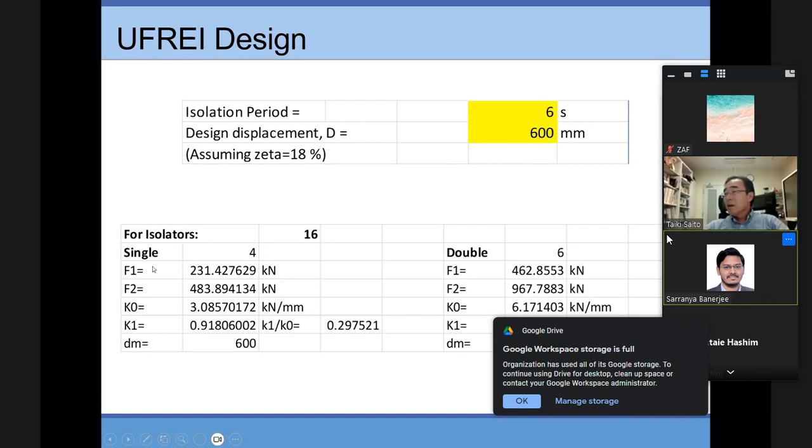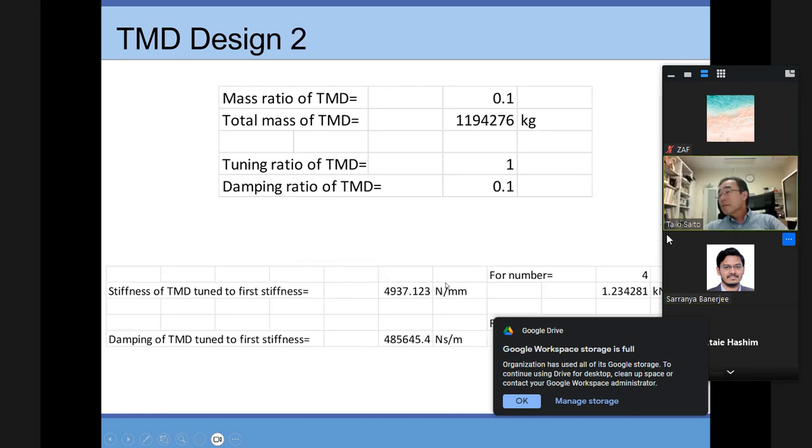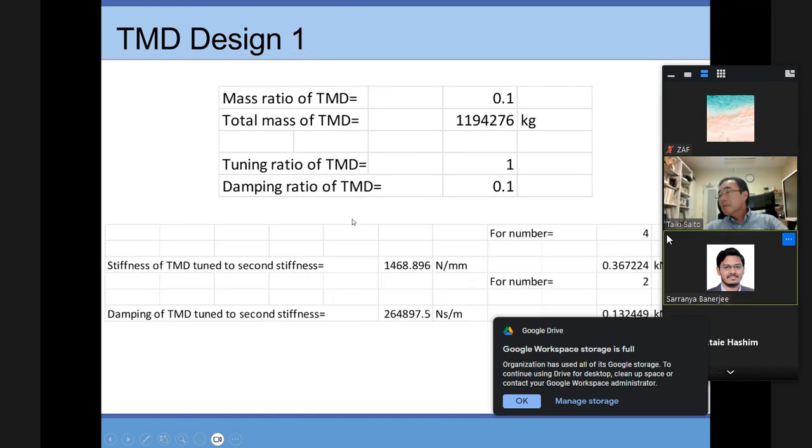These are the isolators. As I was discussing last day, I have used 4 single isolators at the corners and 6 double. Similarly for the TMD, if it is tuned to the second stiffness, these are the parameters, and if it is tuned to the first stiffness, these are the parameters. The first hybrid design would be the TMD at the base floor tuned to the second stiffness.